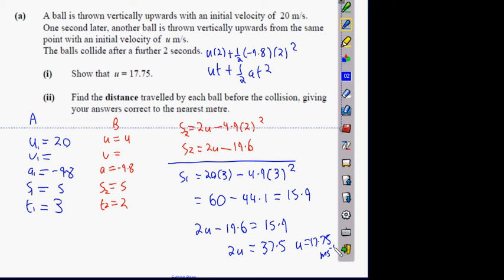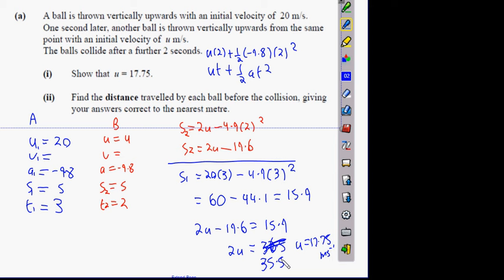And guys, how would you rate the difficulty of that question compared to what we've been doing recently? Hold on, what's 15.9 plus 19.6? It's 35.5. And when you have 35.5, half of that is 17.75.